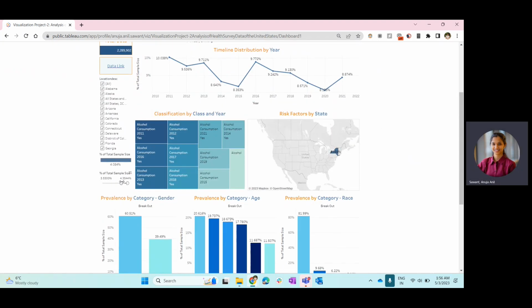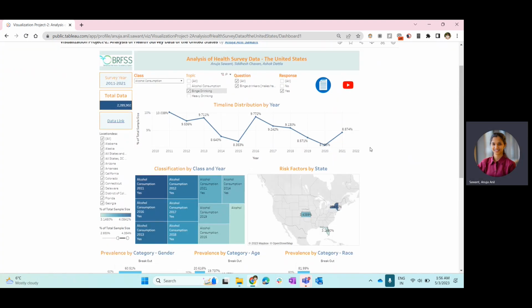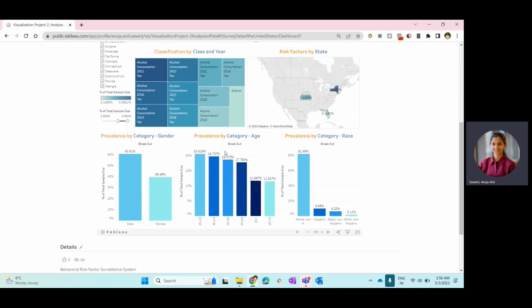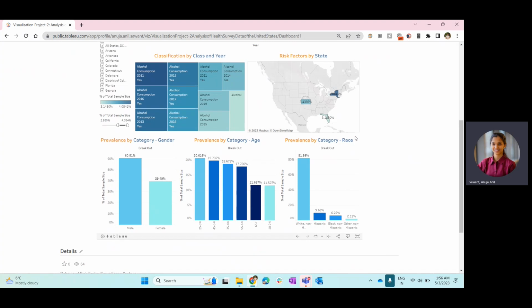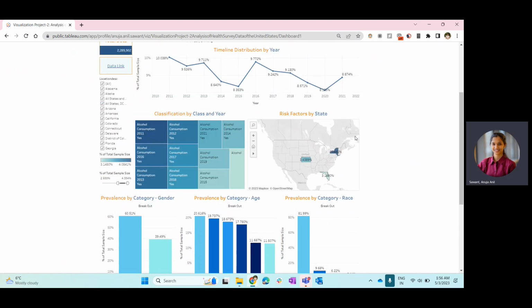We can see that under state, New York is the one which recorded the highest binge drinkers. And in the age group, 25 to 34 is the one with the most binge drinkers.